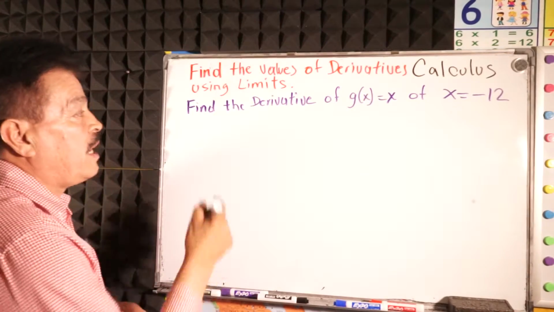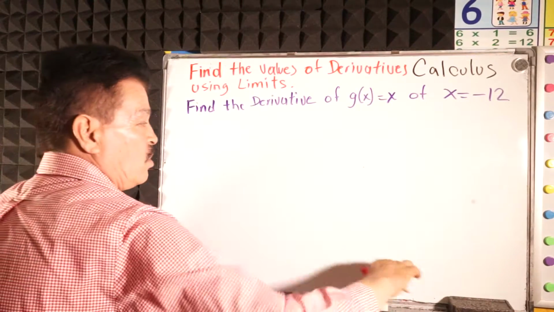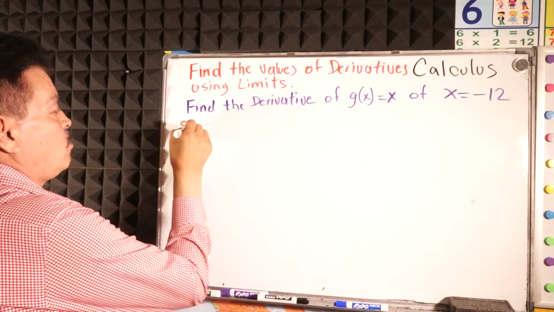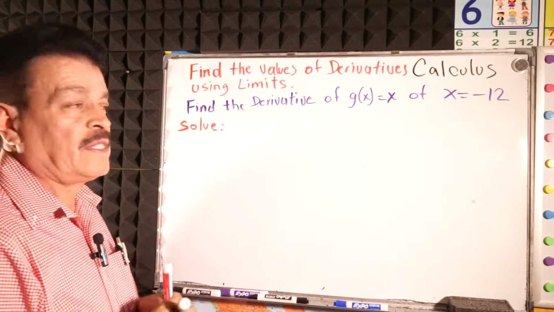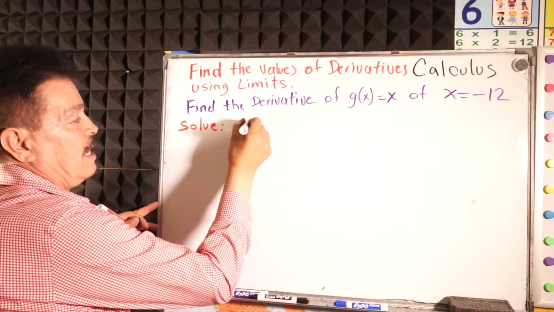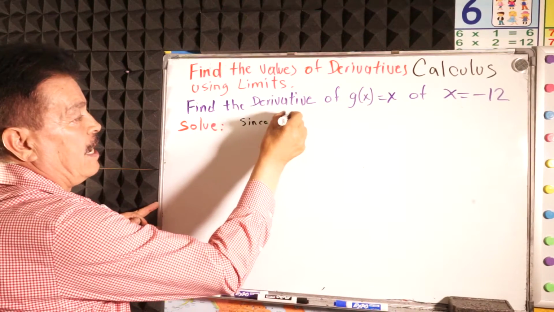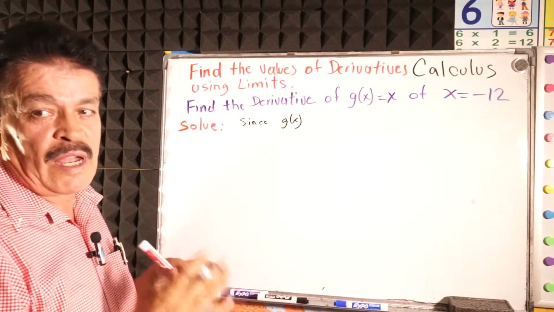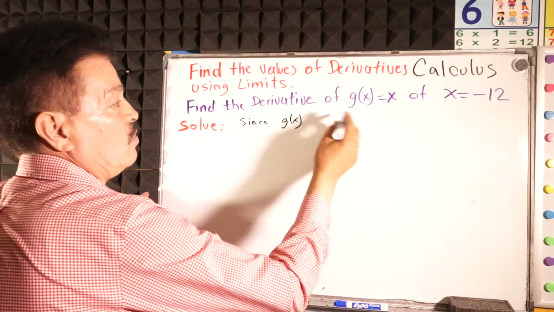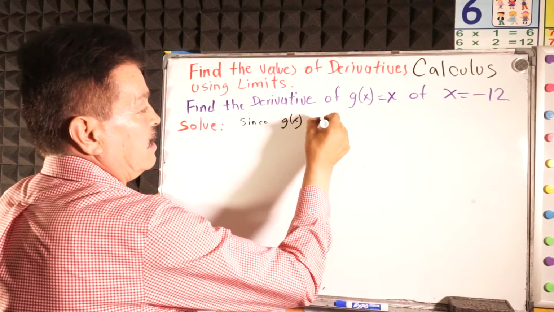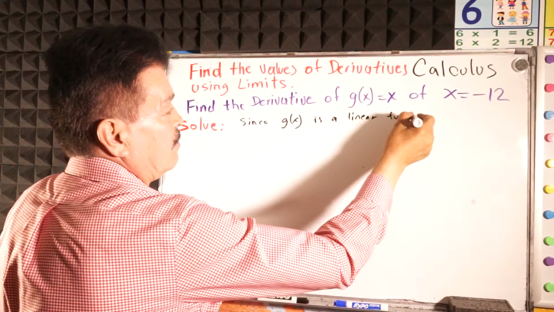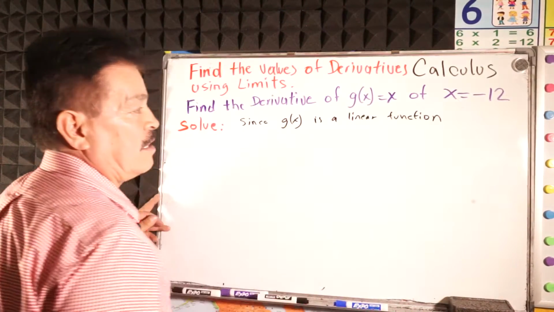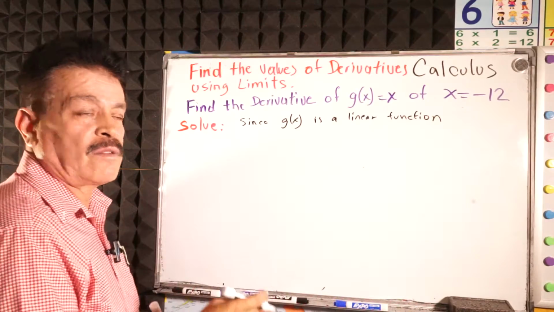So now we have to solve a problem. How do we solve it? I will remember some concepts. Since g of x is a linear function, it's very important to write it with a slope.